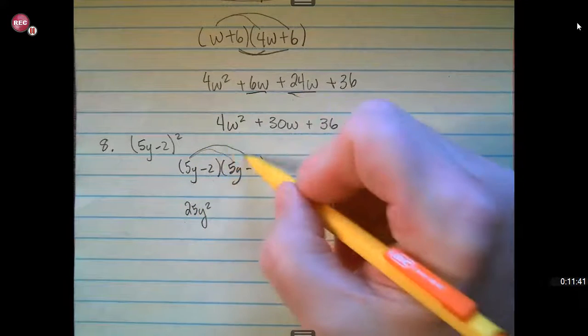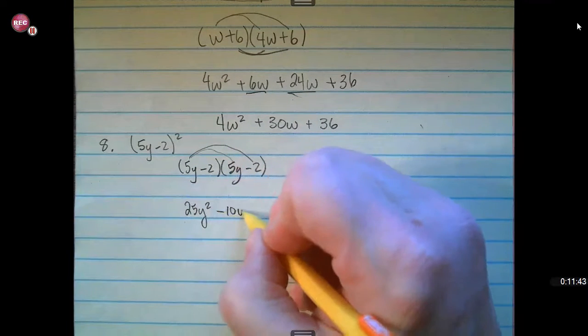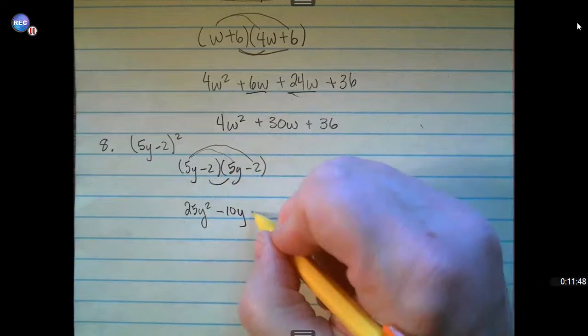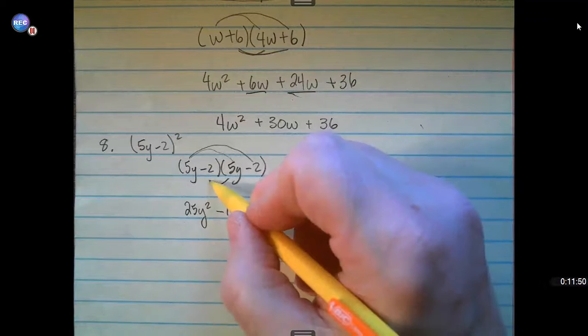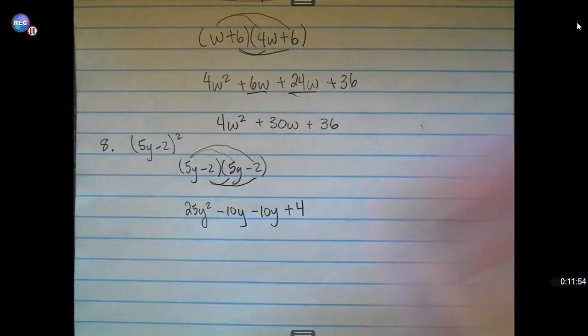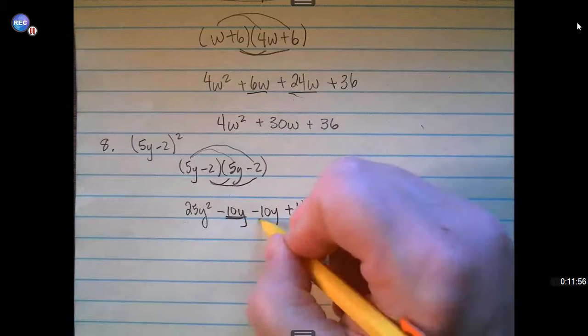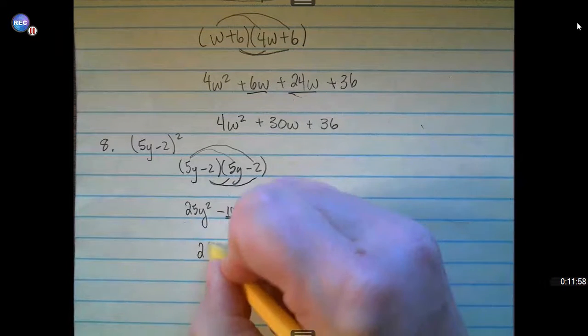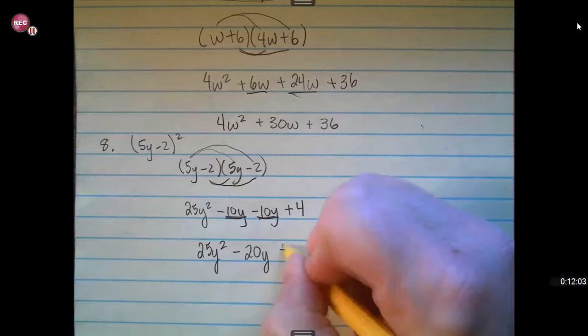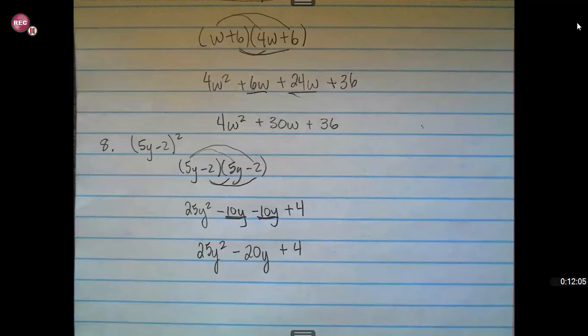And then 5y times minus 2 is minus 10y. And then down here I distribute the negative 2 and I get another minus 10y. And then distribute the 2 out to there. I get plus 4. And then I combine like terms, negative 10y, so 25y squared minus 20y plus 4 would be the final answer.